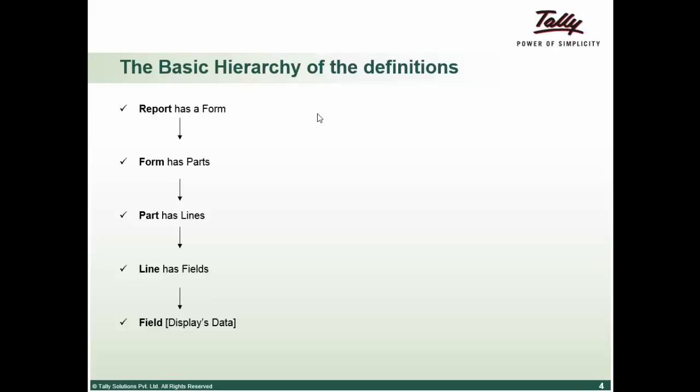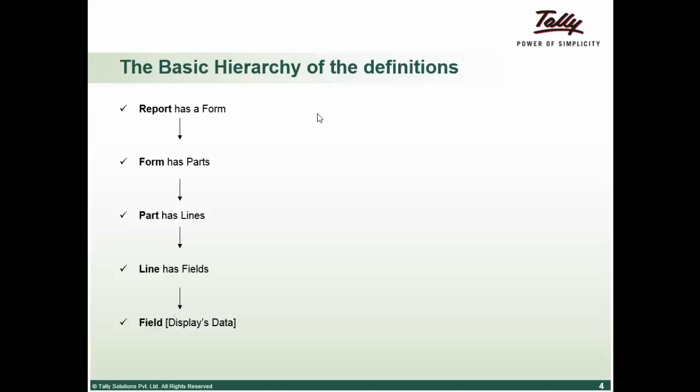Now let's have a quick recap again with a little change. A report has a form. One form in display mode can have multiple forms in edit mode, in print mode or an export mode.